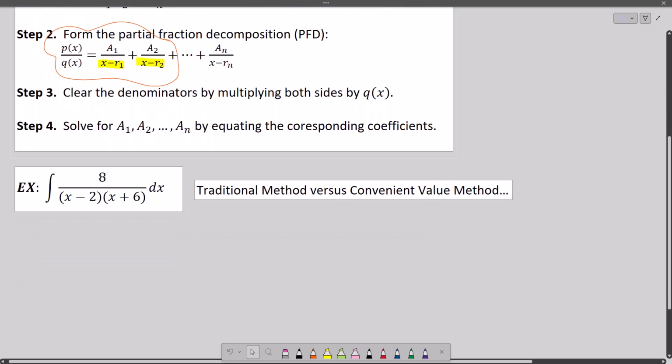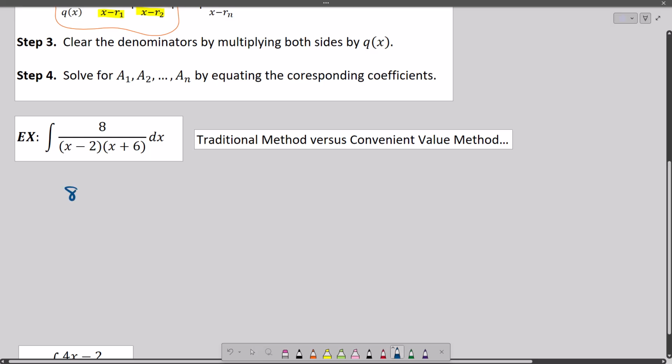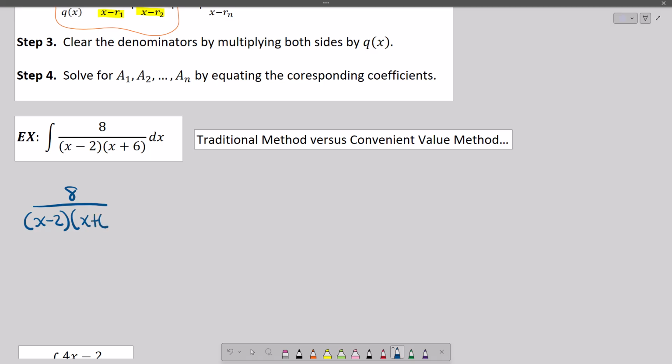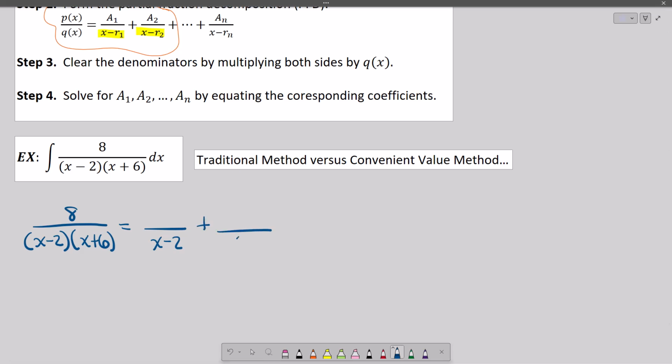The cool thing, once it's factored, I'm going to take the integrand out. I'm just trying to rewrite this big fraction as two little fractions. The decomposition is going to be found by taking each of the factors and creating a fraction with matching denominators.